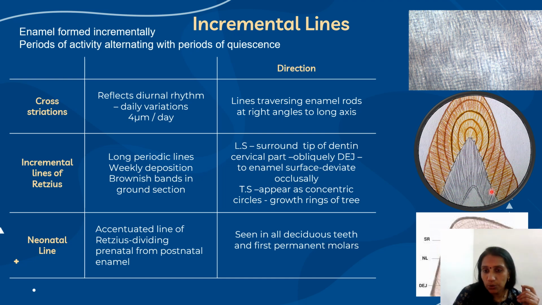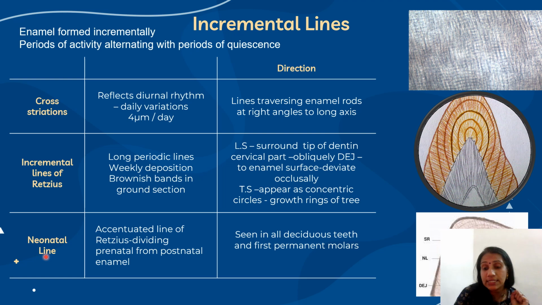As you go downwards, it becomes obliquely arranged. So from the DEJ to the surface, it is obliquely arranged and deviating occlusally. So the direction of the enamel rod is towards the occlusal surface. When you take a cross section or a transverse section, this will appear like the growth rings which you see on a tree.